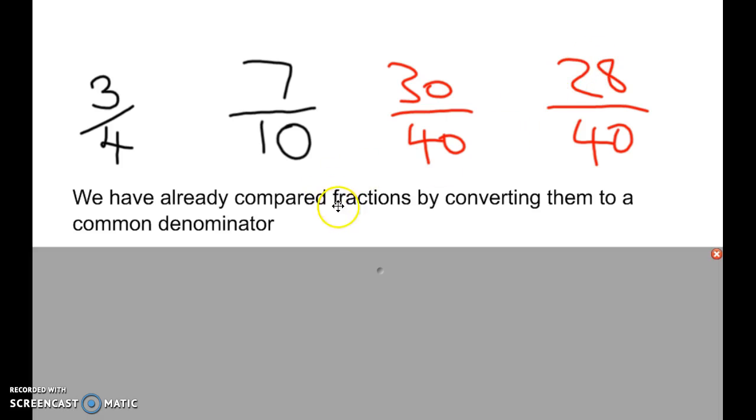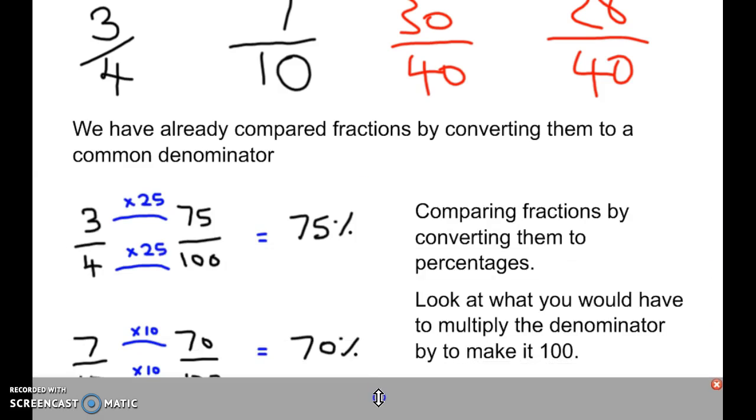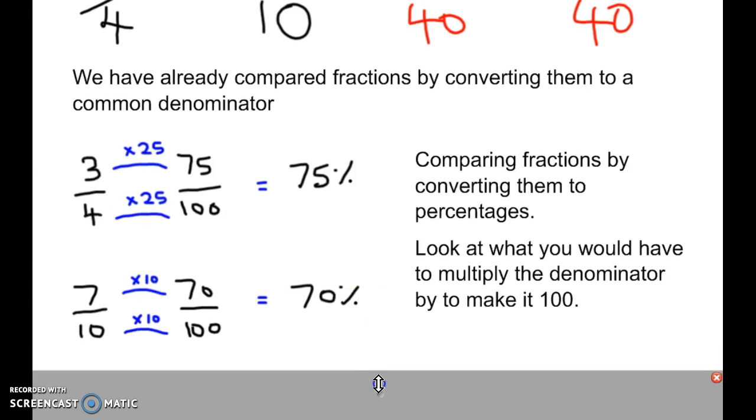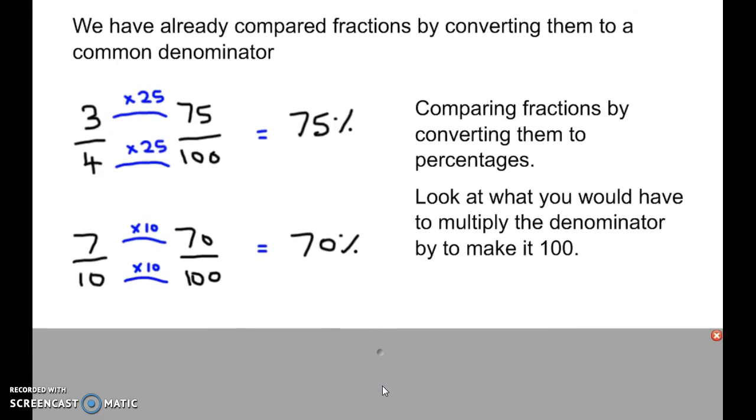Now that's not the only way for us to compare fractions. We can compare these two fractions by using percentages. So the method I want to show you to start with is look at the fraction, 3/4, and look at what you would have to multiply the denominator by to make it 100.